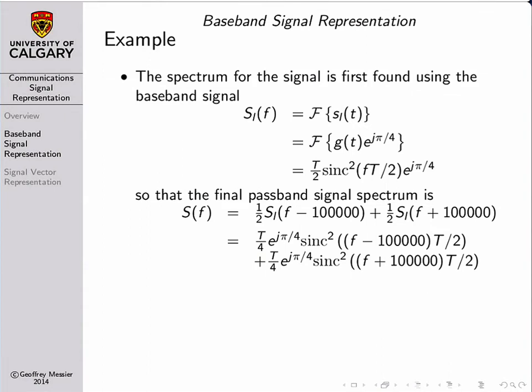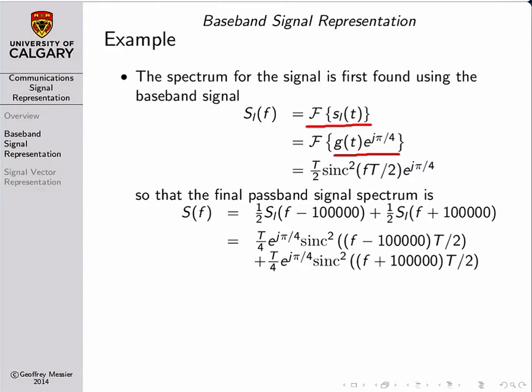And we can also determine the spectrum of the complex envelope and use that to construct the spectrum of the passband signal as well. The spectrum of the complex envelope is just the Fourier transform of S_L of t, the Fourier transform of the triangular pulse multiplied by the complex exponential.